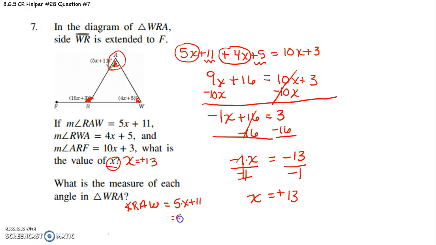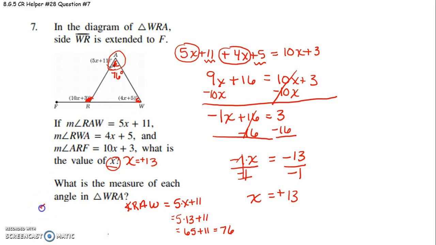So that means 5 times 13 plus 11. Pick up your calculator if you need. 5 times 13 is 65. 65 plus 11 should be 76. Double check that on your calculator. Oh, good. So angle RAW is 76 degrees.